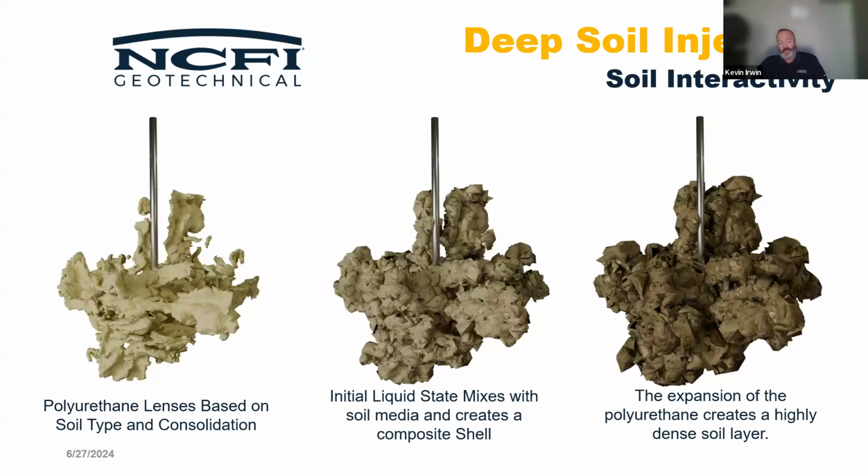So it will always take that path of least resistance first. So we're typically not going to have big wads of foam unless we have a void that it's filling up. But as it expands and compacts the soil around it, it finds those tiny little fissures and it lenses. You may have some pretty thin layers of polyurethane there, but that thin layer of polyurethane forced its way through a pretty tight layer of soil, and compacted and encapsulated some of that as it went through.